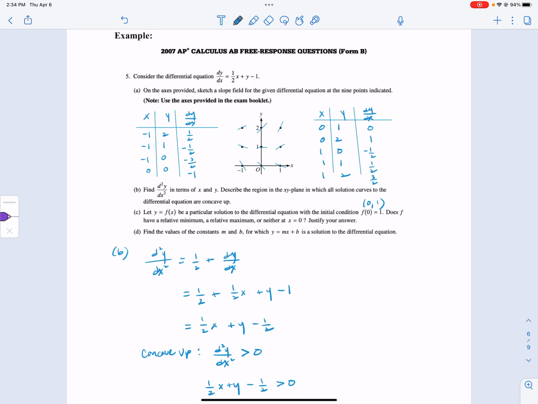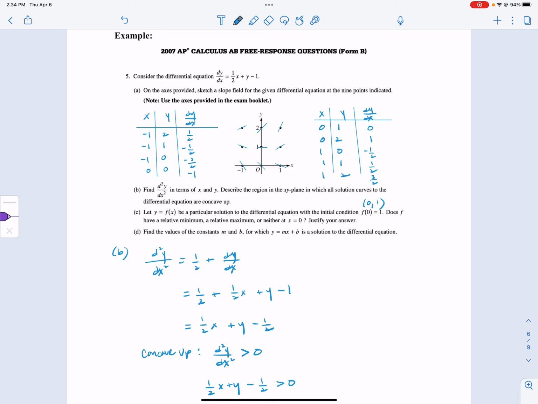If (0, 1) is a critical point for f, which would mean that the first derivative would be 0 at (0, 1), or undefined, then we could look at what happens to the second derivative at (0, 1) in order to determine whether that point is a relative minimum, a relative maximum, or if it doesn't tell us anything.